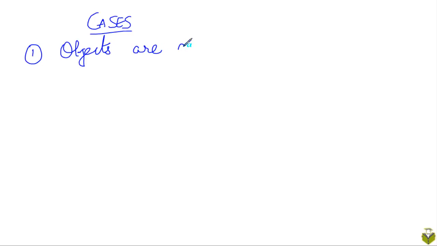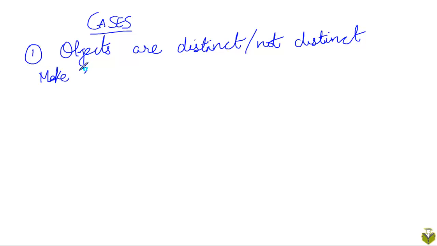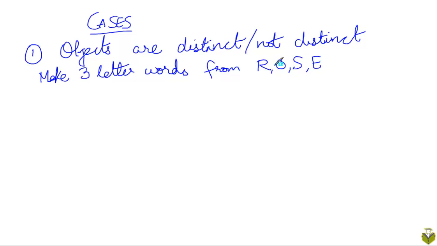So the different cases that arise are: 1. Objects are distinct or not distinct. So that will have an impact. For example, if I have to make 3-letter words from ROSE, so these 4 alphabets or objects, you have 4 distinct objects, right?